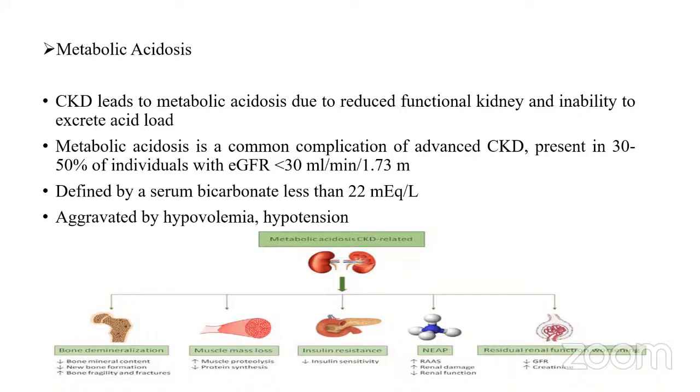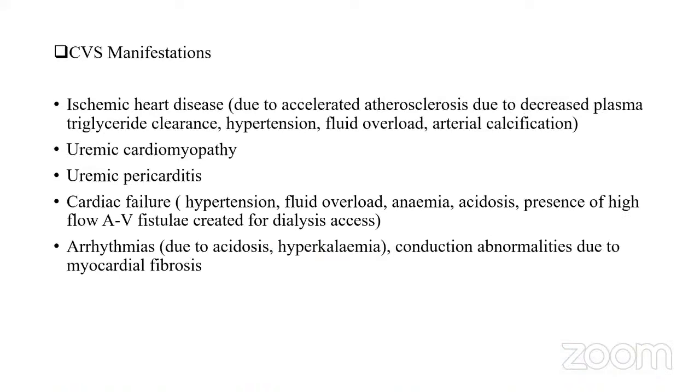Metabolic acidosis is defined as bicarbonate levels less than 22 milliequivalents per liter. It is aggravated by hypovolemia and hypotension. The consequences of metabolic acidosis are bone demineralization, muscle mass loss, insulin resistance, RAS activation, renal damage, and worsening of residual renal function by decreasing GFR and increasing serum creatinine.